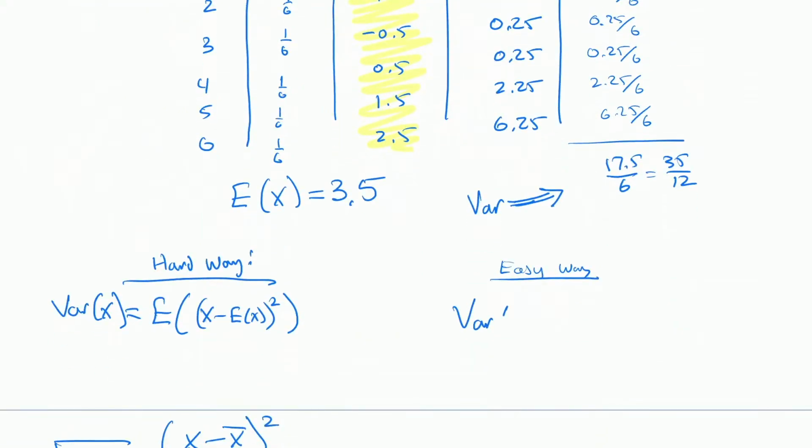So the variance of x is the expected value of x squared minus the square of the expected value of x. And that's it.